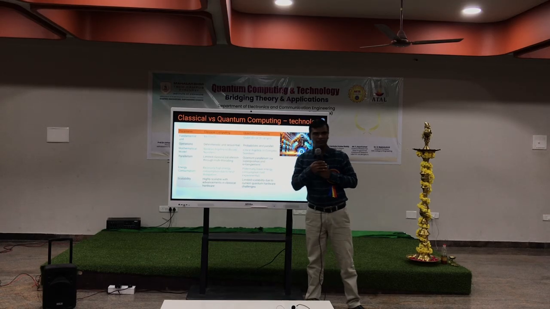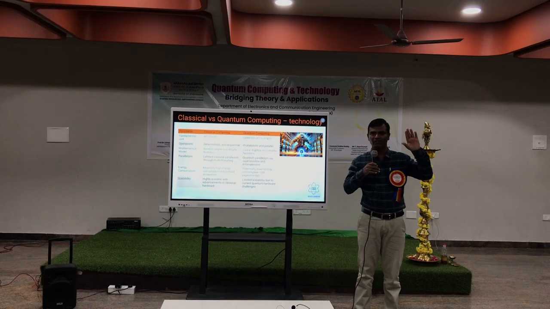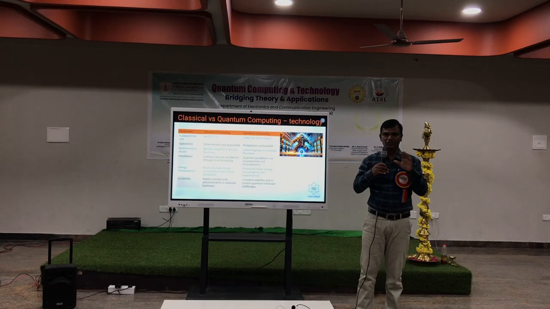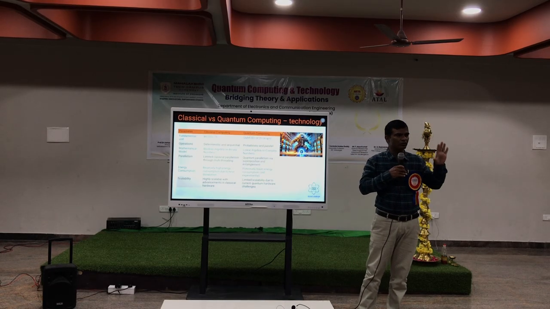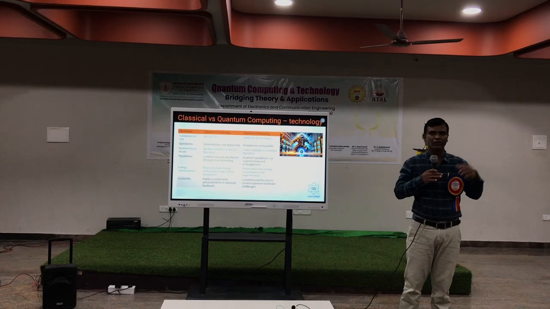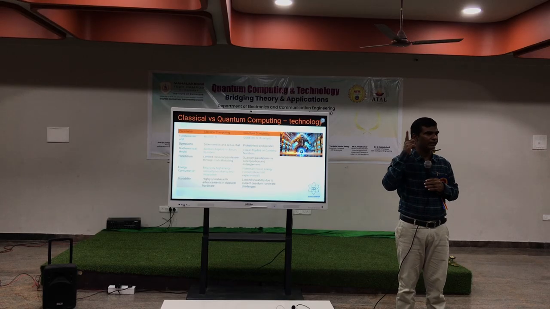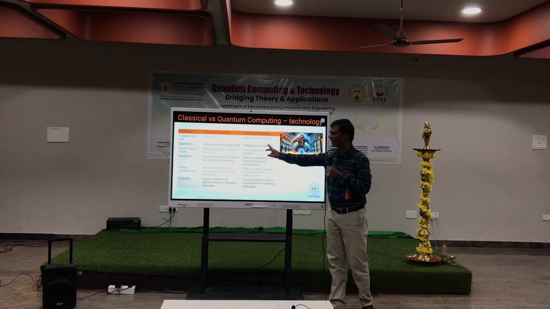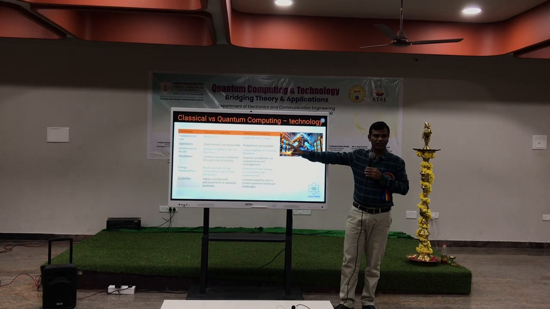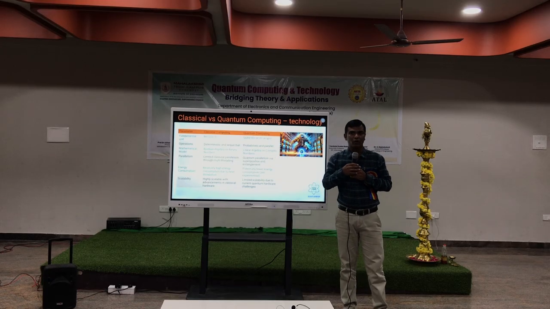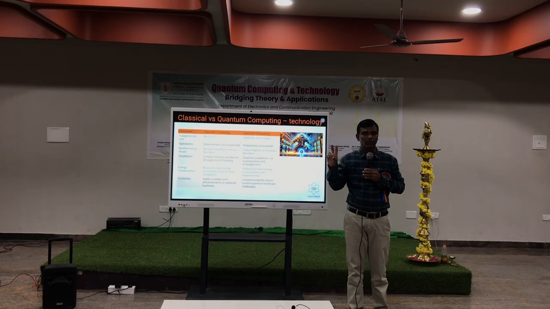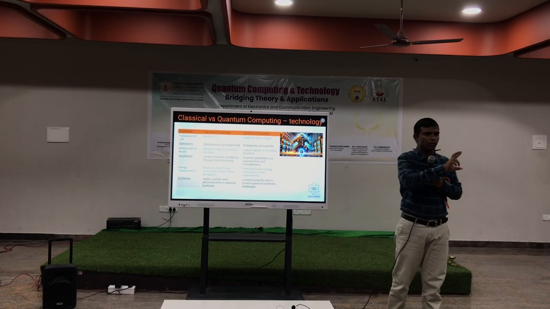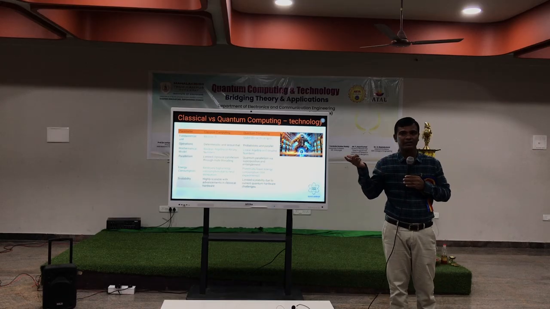Suppose you have written a program in Java and your input consists of a thousand records, and your Java program has to process those 1000 records. Your program will process one record at a time. But here, because of this parallelism, your quantum computer, based on your problem definition and the complexity of the data, can process more than one record at a time.